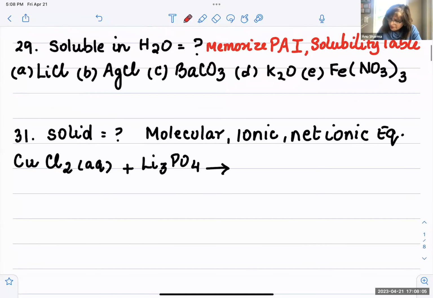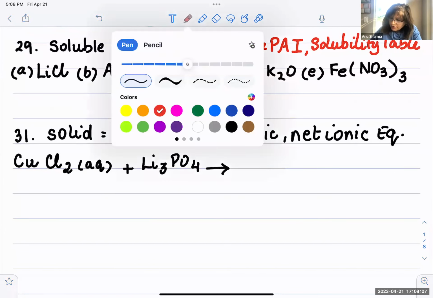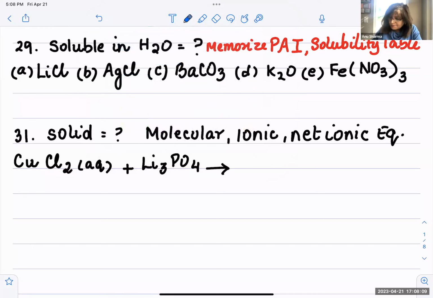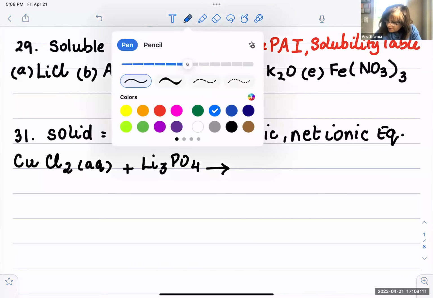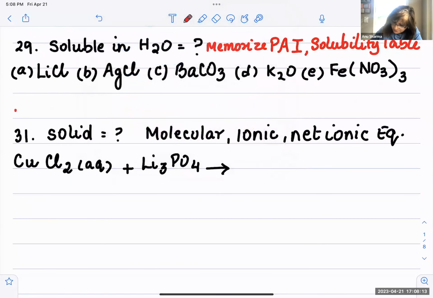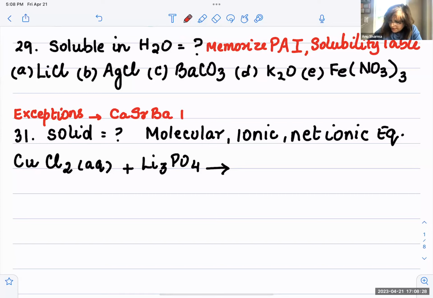Here we see that all chlorides are soluble in water except, so some of the exceptions to the solubility, let's put this here. In other words, the exceptions are calcium, strontium, and barium, and then mercury, that's Hg, silver, and lead.